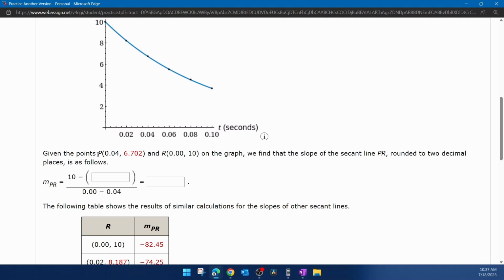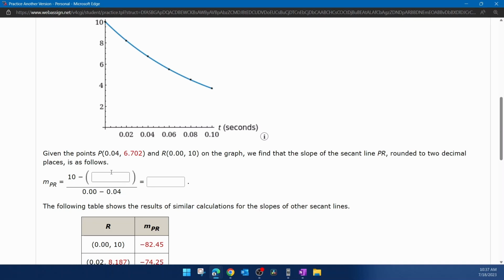So it says given the points P, 0.04, 6.702, and R, basically 0, 10 on the graph, we find the slope of the secant line rounded to 2 decimal places as follows. So since they gave me 2 points and I need to find the slope, we know that that formula is y2 minus y1 over x2 minus x1.